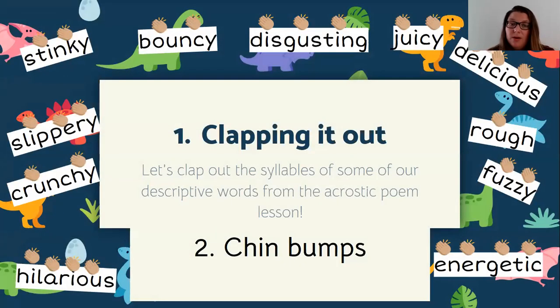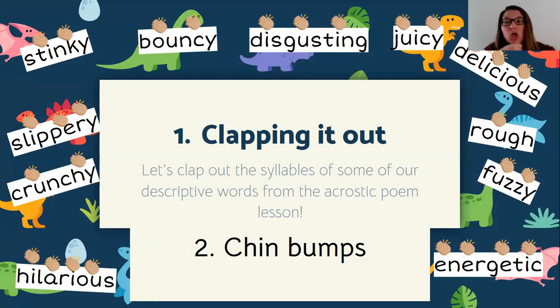Remember, clap it out. So we have bouncy, juicy, rough, fuzzy, energetic, hilarious, crunchy, slippery, stinky, disgusting. Those are some. Remember, we clap it out based on the sounds. Then you can do chin bumps.